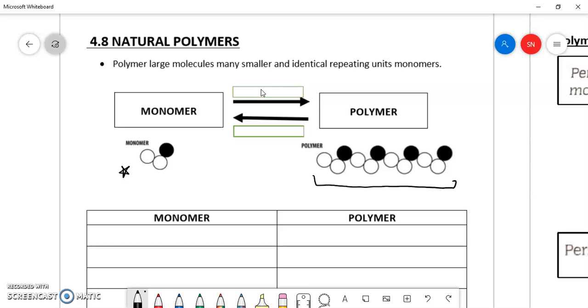Now, when we have a monomer which combines to convert into a polymer, the process is called polymerization.